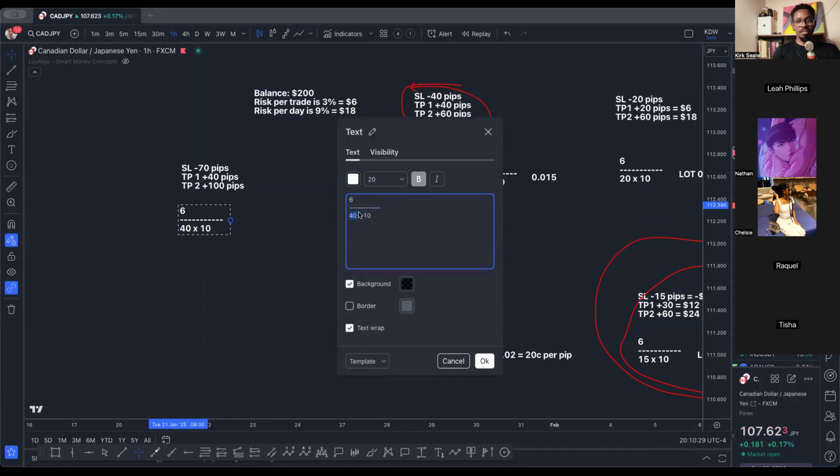So your risk is still 6. Stop loss is now 70 multiplied by 10, which means our calculation would have to be 6 divided by 700. All right, 6 divided by 700.